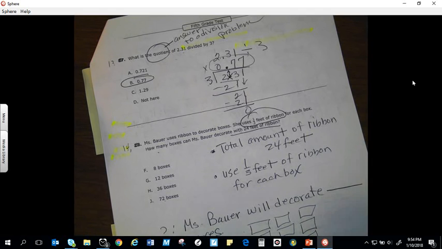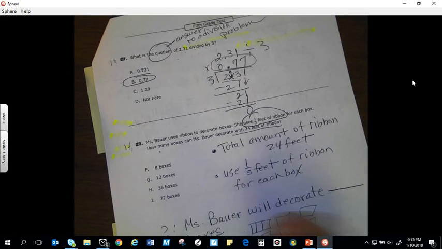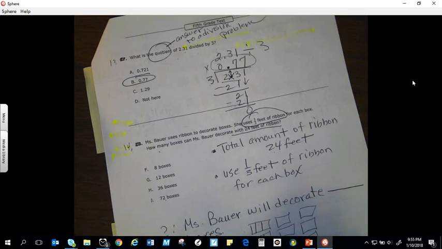So that would be my 24 feet, not my 24 boxes, but my 24 feet. So it's 1 foot, 2 foot, 3 foot, up to 24 feet. And I'm going to take 1/3 off this spool, 1/3 off that spool, 1/3, 1/3, and continue that till I'm done.